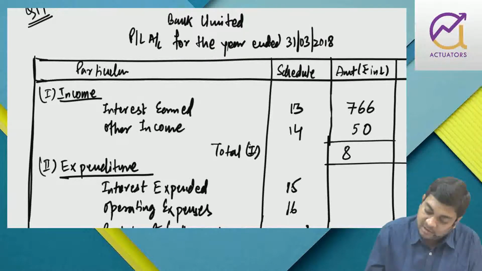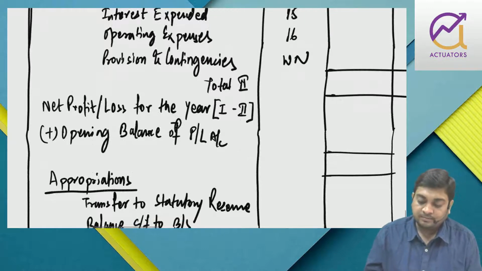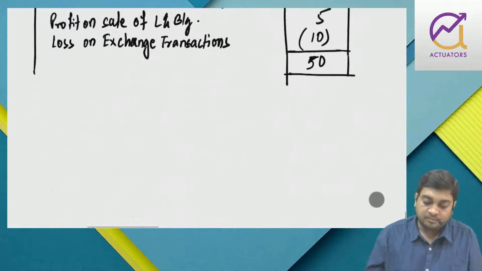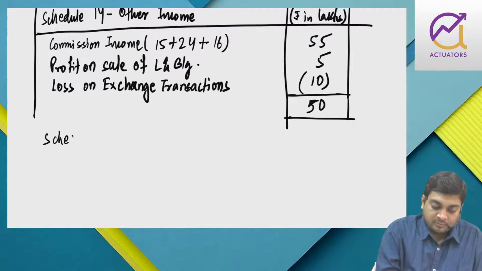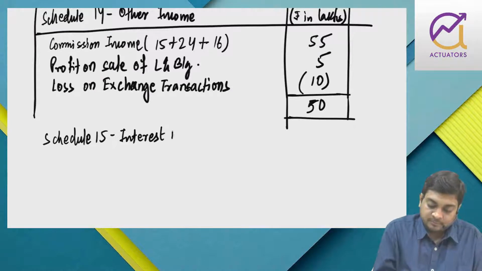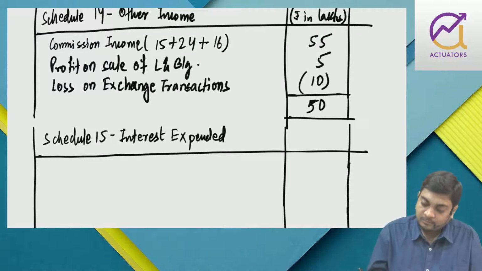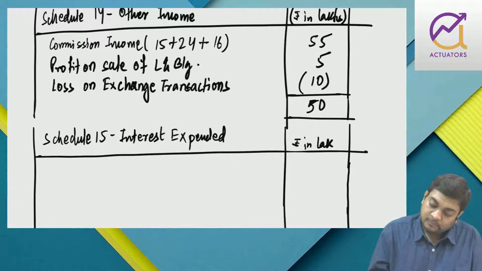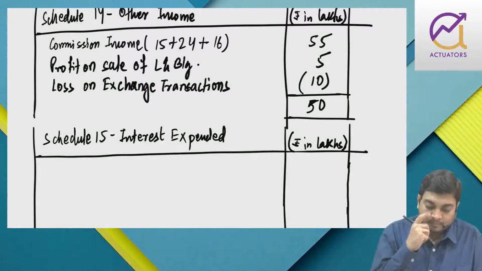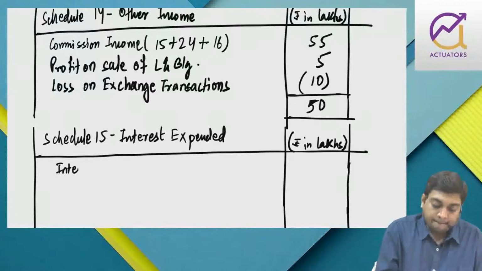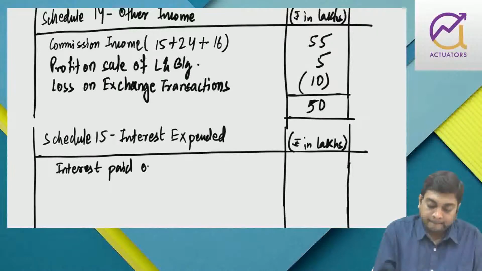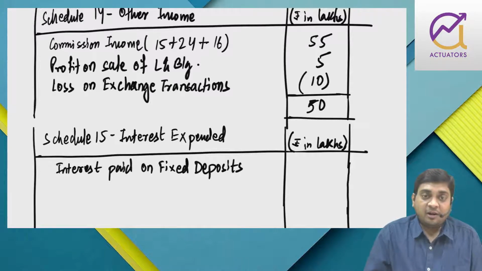So I have got in total 816. Interest paid on fixed deposits.